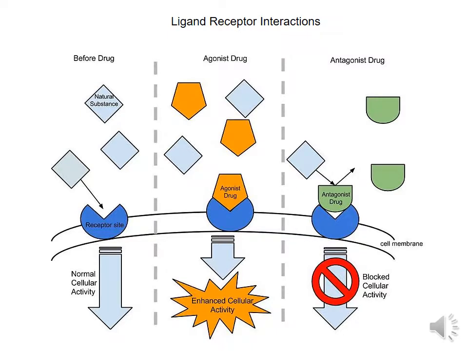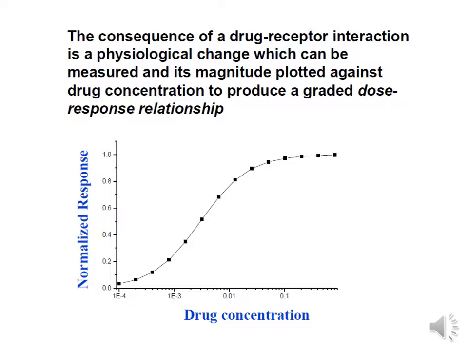So, on the other hand, antagonist drugs obstruct the path of the neurotransmitter to stop them, and they can do so also directly or indirectly. And the last thing about drug neuromodulation is that the consequence of a drug receptor interaction is a physiological change whose magnitude can be measured.